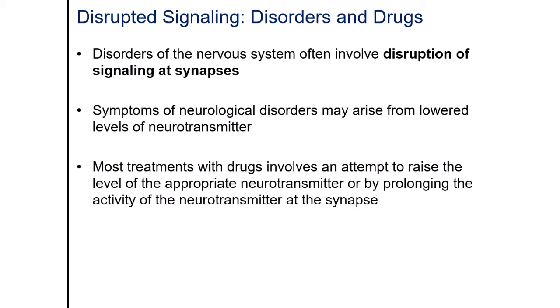So if you do not have enough neurotransmitters of a particular type, then usually you're going to have some kind of neurological problem.